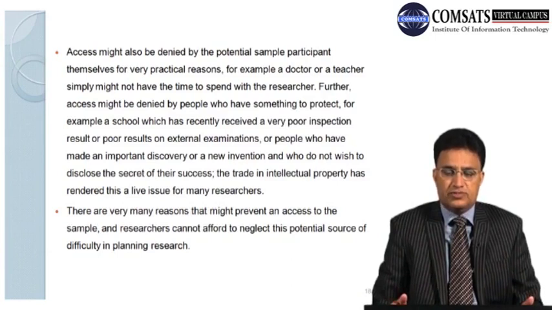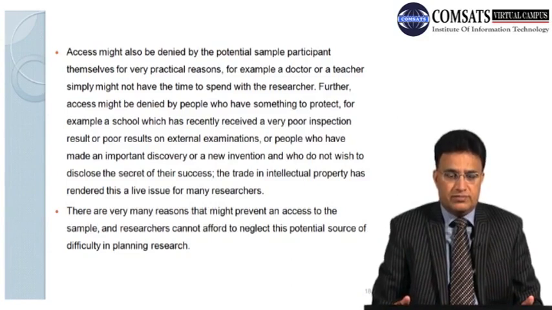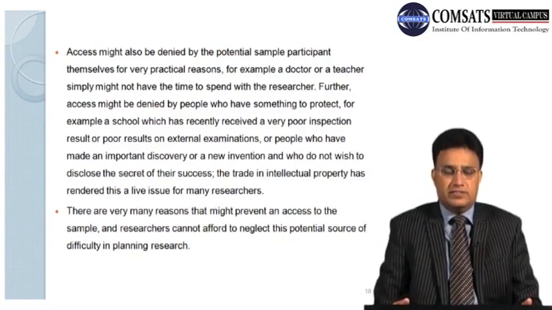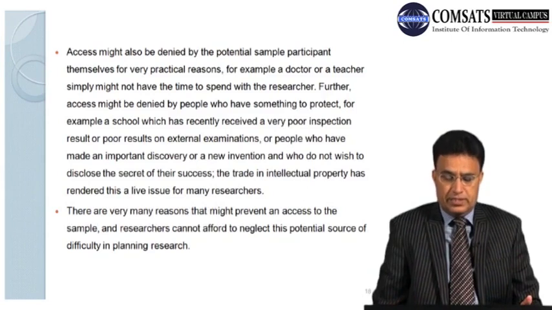The trade in intellectual property has rendered this a live issue for many researchers. So there are many reasons that might prevent access to the sample, and researchers cannot afford to neglect this potential source of difficulty in planning research.